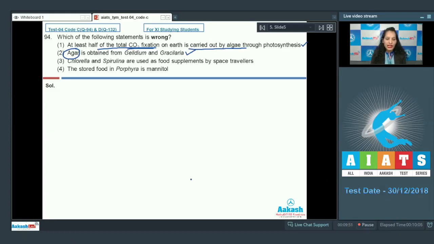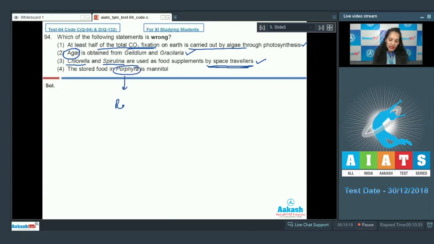Third one, Chlorella and Spirulina are used as food supplements by space travelers. Yes, this is also true because Chlorella and Spirulina are a rich source of proteins and space travelers use them just to fulfill their protein needs. So this is a correct statement. Fourth one, the stored food in Porphyra is mannitol.